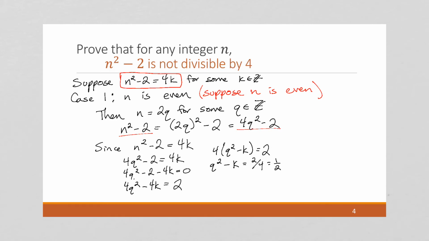It may seem a little subtle, but this is actually where we can find our contradiction. Because I'm saying that q squared minus k is equal to 1/2. But what do I know about q squared minus k? q is an integer and k is an integer, so this should be an integer under integer closure properties.